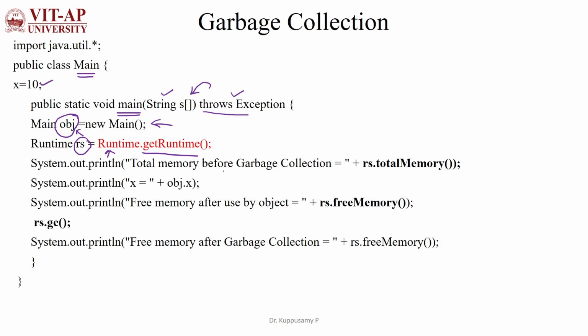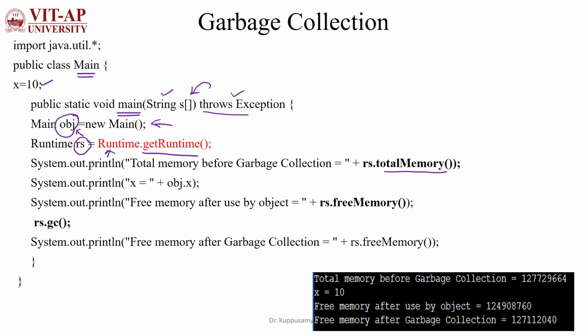Now I want to know the total memory space allotted, which is given here. You see, the total memory before garbage collection is 1277296664. Then I print the value of x using obj.x, so x equals 10.